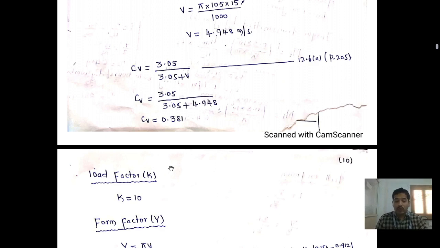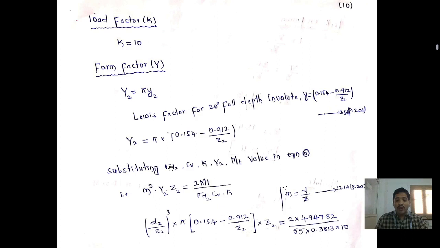After finding the value of the velocity factor, we need to find out the value of the form factor. If you want to find the form factor, we have the formula y2 is equal to pi y2. From this we are taking the form factor with the help of the Lewis equation.